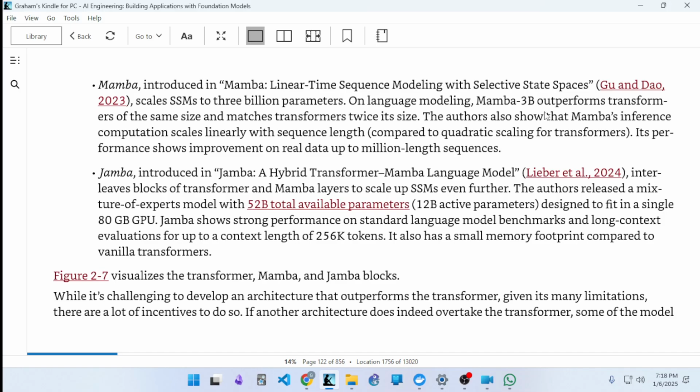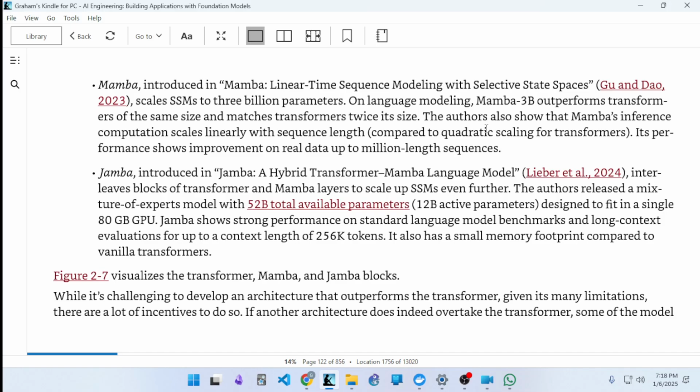On language modeling, Mamba-3B outperforms transformers of the same size and matches transformers twice its size. The authors also show that Mamba's inference computation scales linearly with sequence length compared to quadratic scaling for transformers. Its performance shows improvement on real data up to million-length sequences.